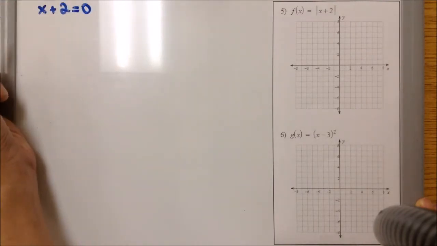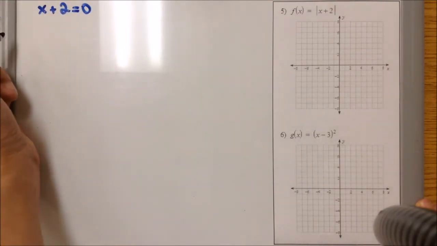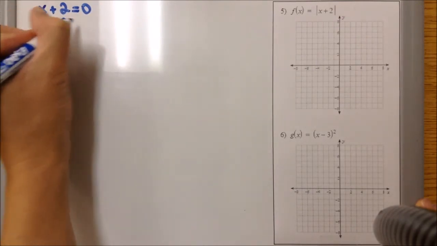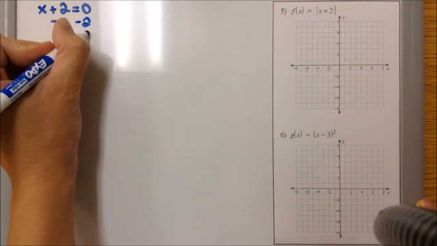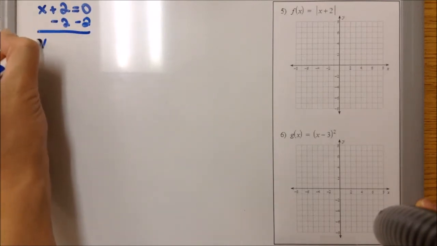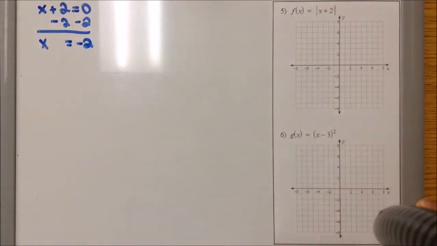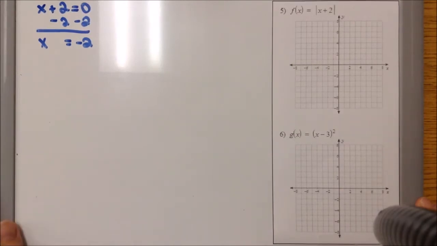Again, this is for the x-coordinate of the vertex. So x plus 2 equals 0, we solve for x, and we get x equal to -2. Now, that's the x-coordinate of the vertex, and a vertex is a coordinate point, x and y.